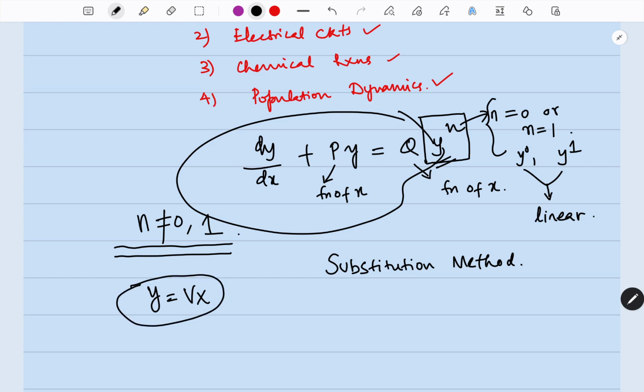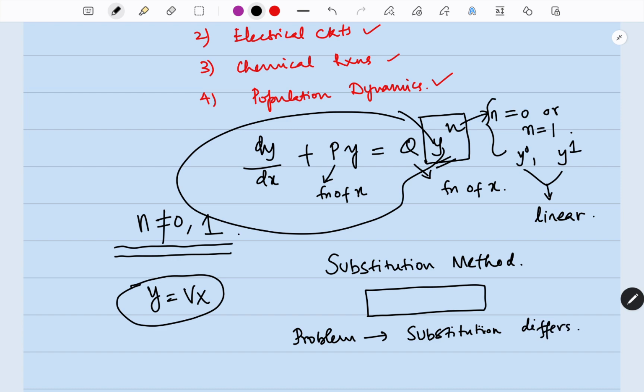But here in Bernoulli's method, I am not going to use vx. Problem to problem, the substitution differs. Keep in your mind, for each problem the substitution is different. Not like the previous method, here it is different. So how can I find it, teacher? No problem. In each question I will tell you what your substitution is.